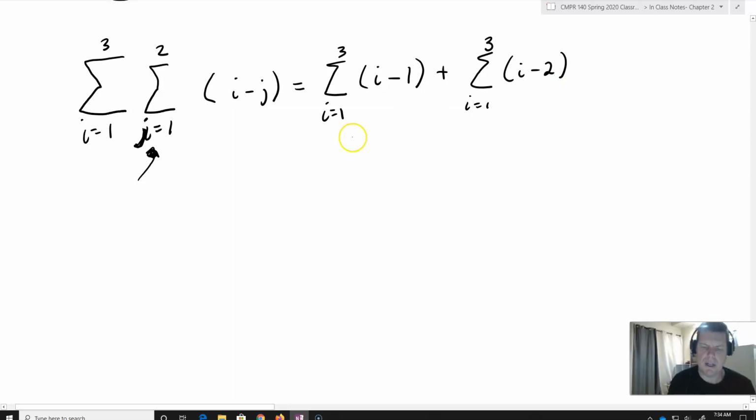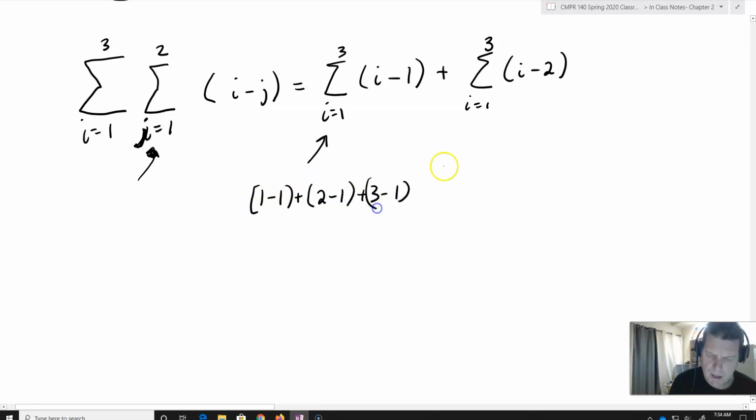Then we're just going to go out and evaluate each sum. So for this first sum, that's going to give me 1 minus 1 plus 2 minus 1 plus 3 minus 1. And then the second sum is going to be plus 1 minus 2 plus 2 minus 2 plus 3 minus 2.